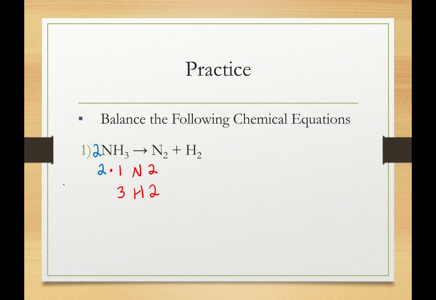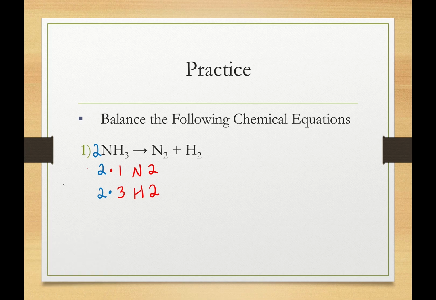However, if you notice in this case, the hydrogen is also bonded to the nitrogen. So on the reactant side, I'm multiplying not only the amount of nitrogens by 2, but also the amount of hydrogens. So I have to make sure to keep track of this and know that this hydrogen is also going to be multiplied by 2 because they're bonded together.